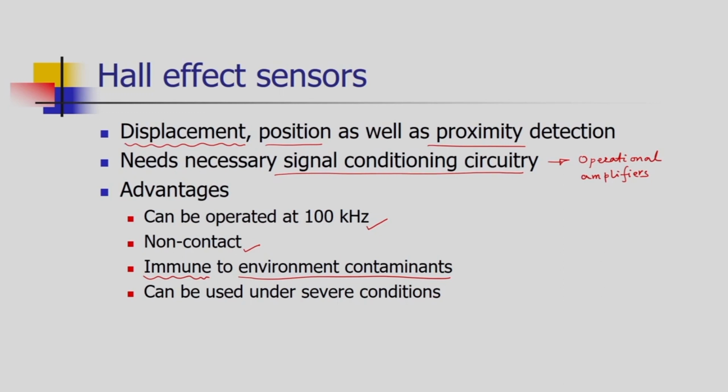Since it is non-contact, it is very useful in applications where highly flammable fluids are being monitored or controlled, say petroleum products. It can be used in applications which have severe conditions.